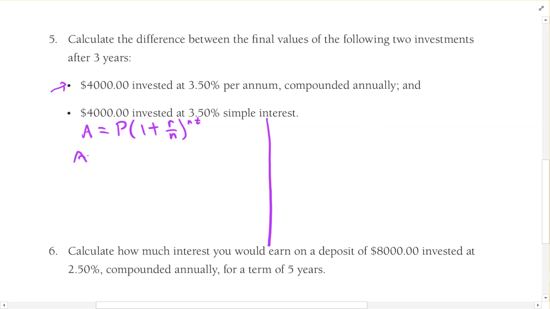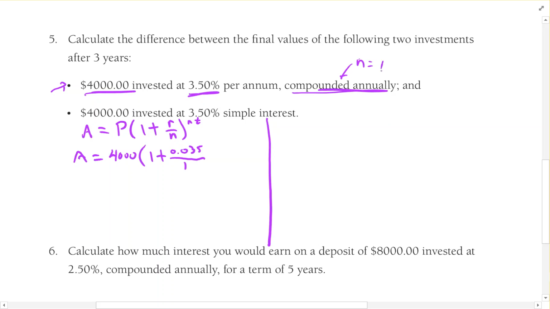Okay, and then I'm just going to fill in things as I go. So A is equal to, my principal is 4,000 times 1 plus, my interest rate is going to be 0.035. And it's compounded annually, so my N value is 1, right?